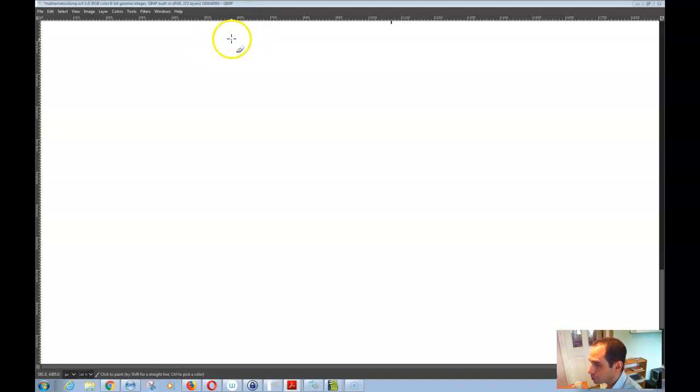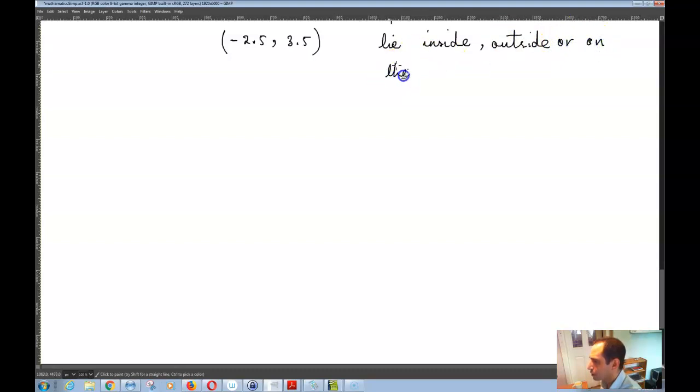It says, does the point negative 2.5 comma 3.5 lie inside, outside, or on the circle x squared plus y squared is equal to 25?